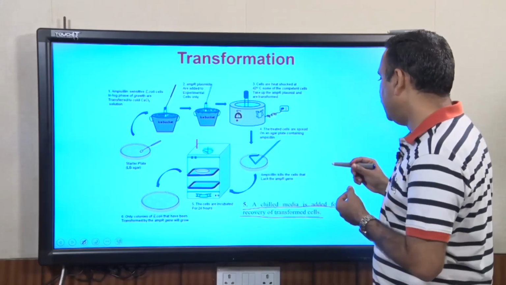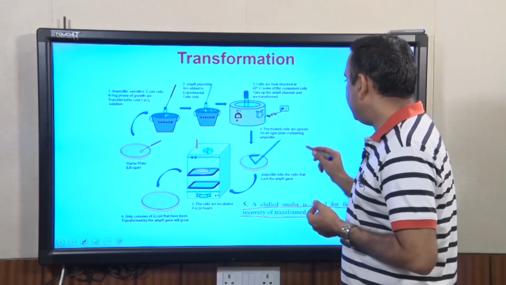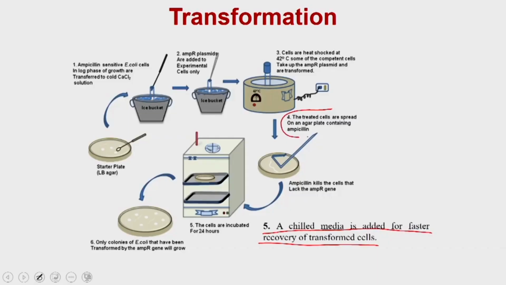Then you take these cells and plate them onto an agar plate containing the appropriate ampicillin concentration. Normally we use somewhere around 50 to 100 microgram ampicillin per ml. You use a spreader to spread the competent cells onto these plates.